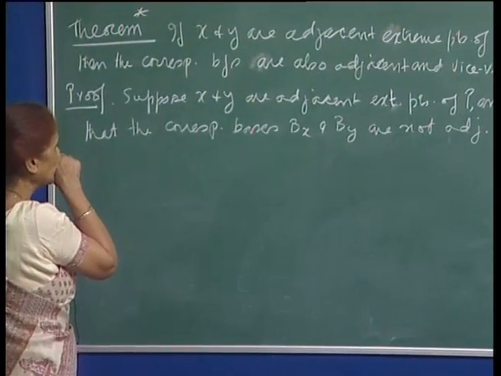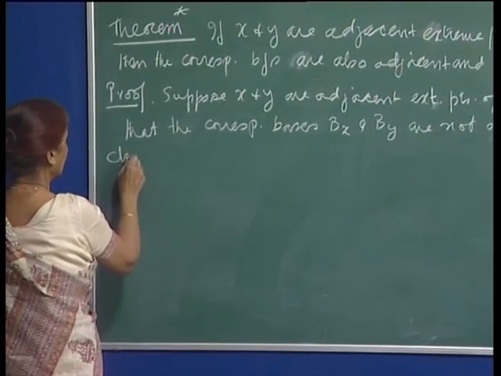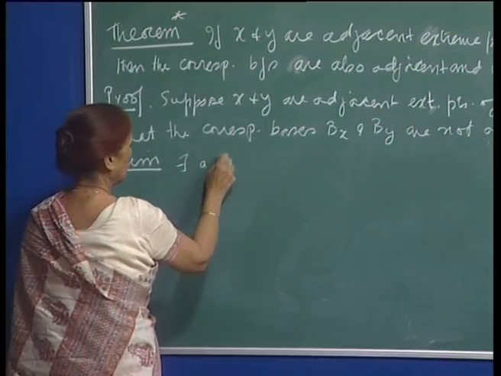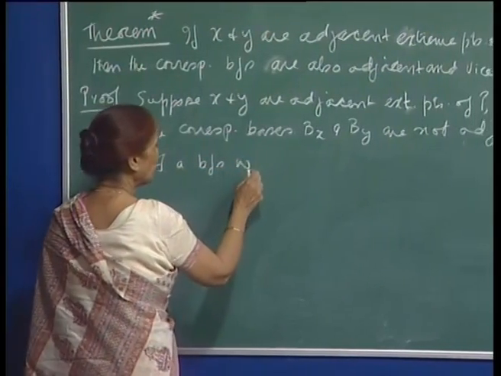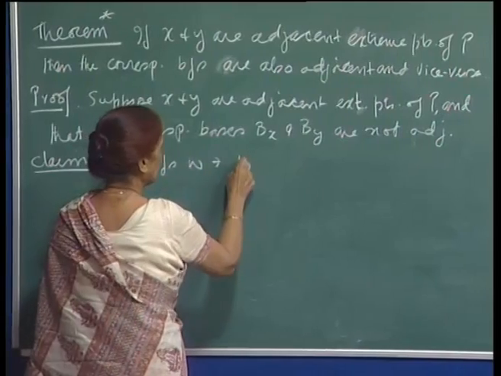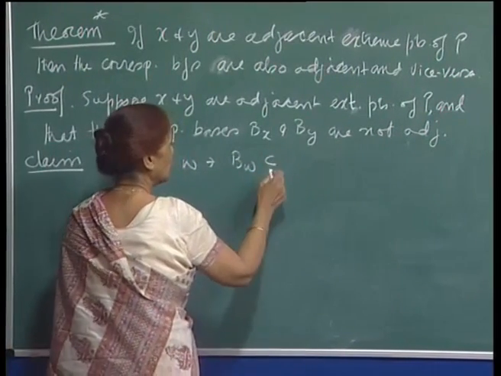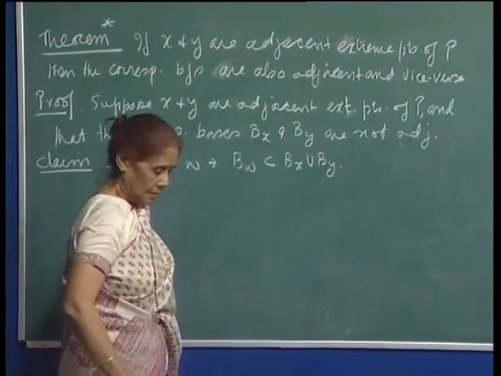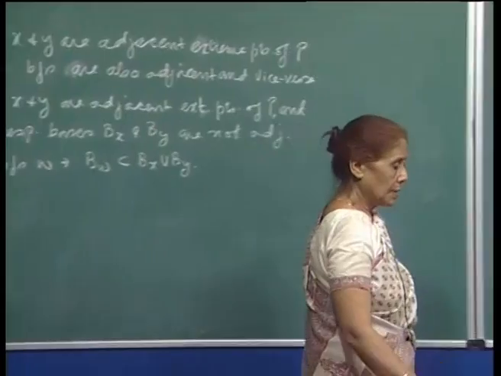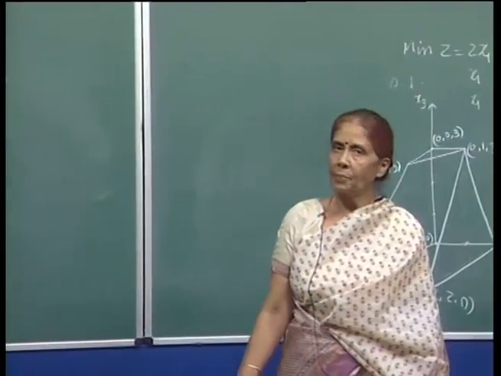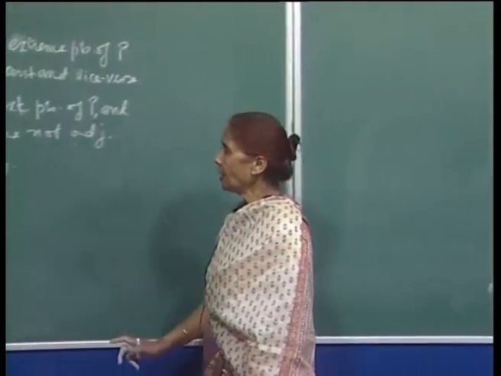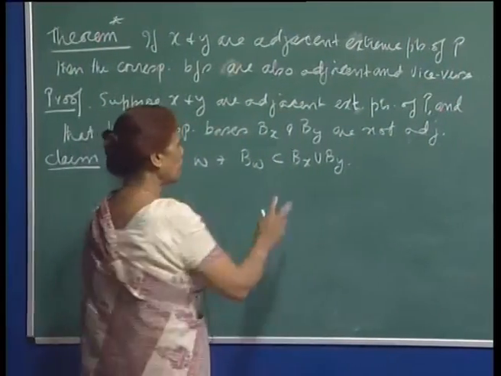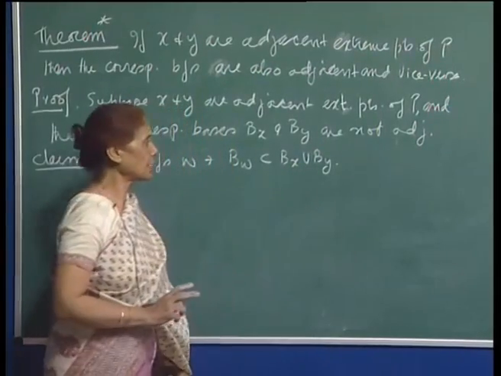Now claim, and it will be clear why I am saying it: there exists a basic feasible solution W such that Bw is a subset of Bx union By. What we are saying is that if Bx and By are not adjacent bases, then I should be able to find a basic feasible solution W consisting of columns made up from the columns of Bx and By.